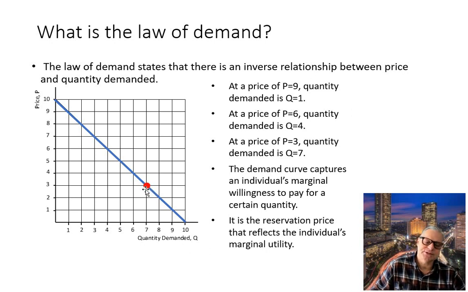If somebody is at the price of 3 and a quantity of 7, what that means is that if somebody wants to have an 8th unit of a good Q, then my willingness to pay goes down. That is the law of diminishing marginal utility.